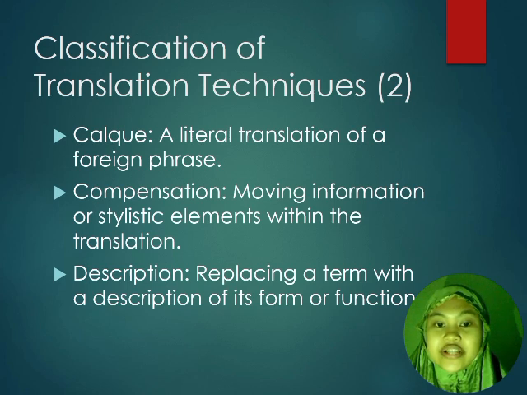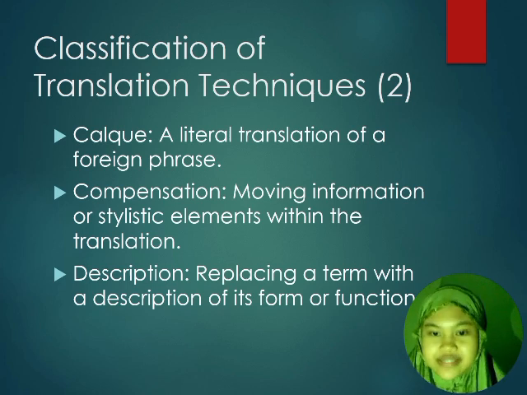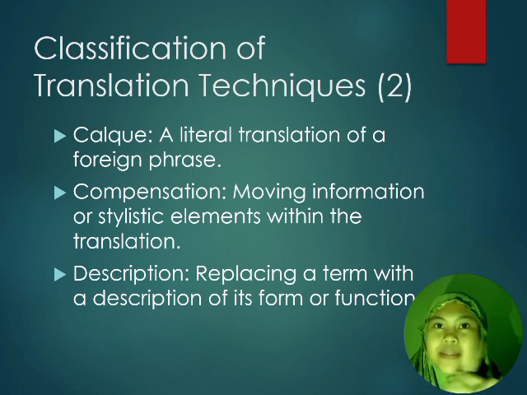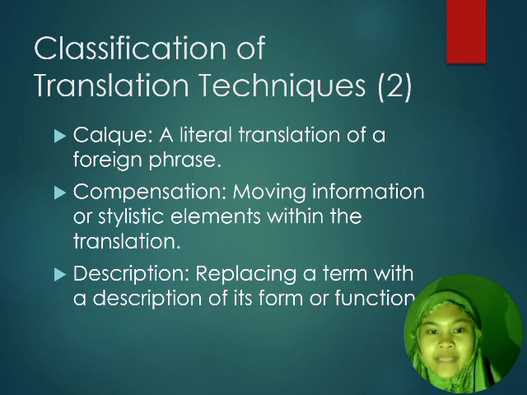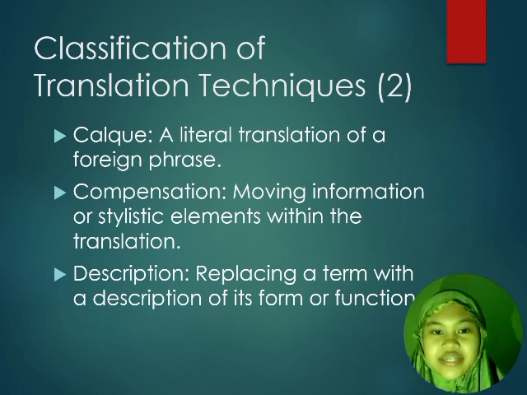In English it's not translated as small chili, it's not like that, but it is translated to English as "small but fierce." And then the next one is calque, a literal translation of a foreign phrase. And then compensation is moving information or stylistic elements within the translation. And then the last is description, replacing a term with a description of its form or function.